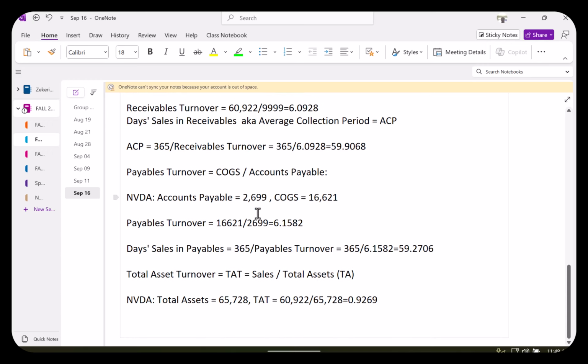A related ratio, sometimes it's easier to interpret, is called capital intensity ratio, which is simply total assets divided by sales, or 1 over TAT.